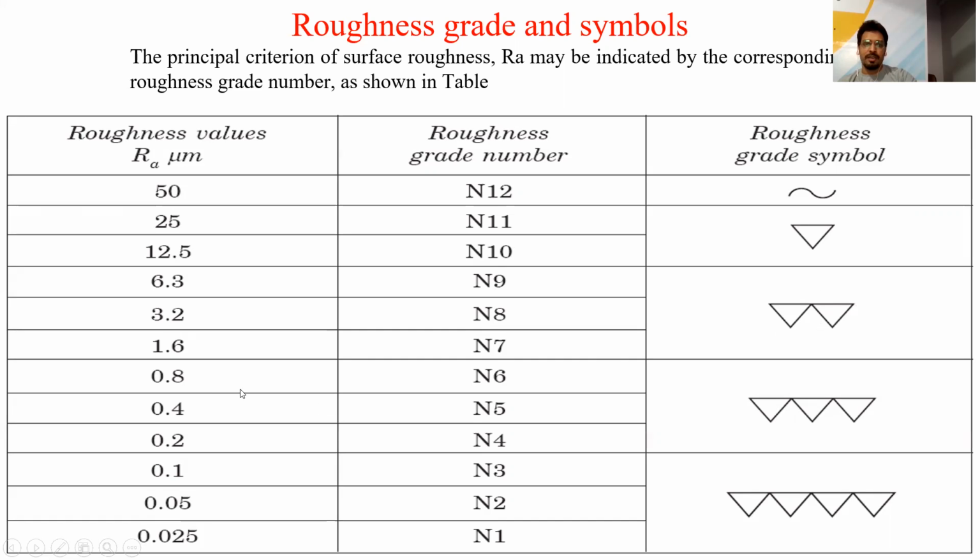Next, 0.8 to 0.2, it is represented by 3 inverted triangles, and then 0.1 to 0.025, N3 to N1, is represented by 4 inverted triangles. So these are the grades and symbols which are used by BIS to define the roughness.